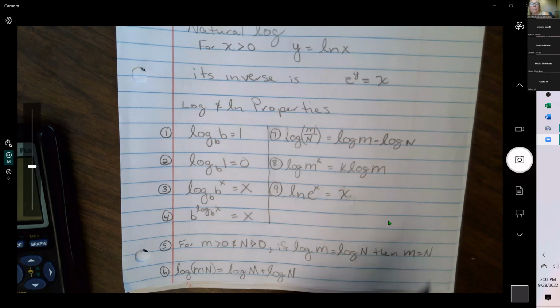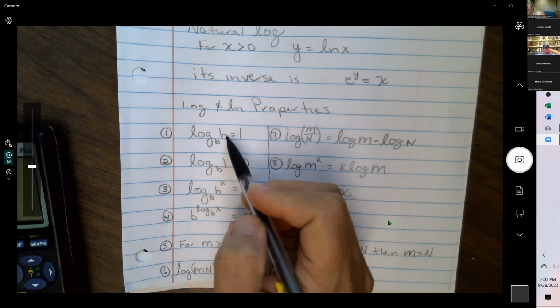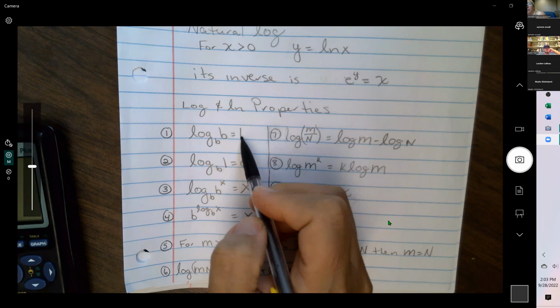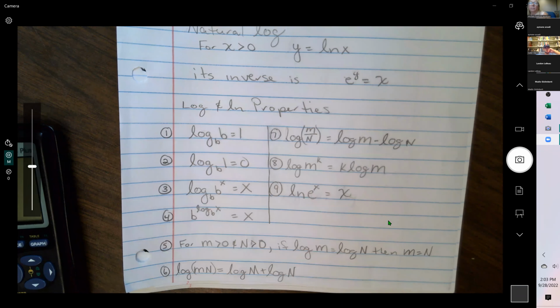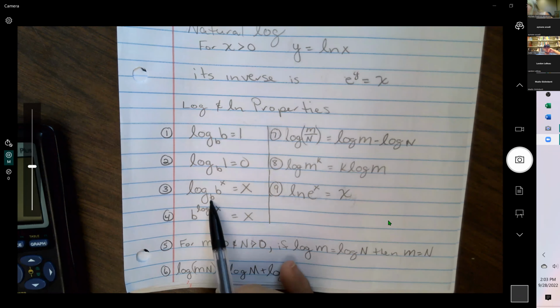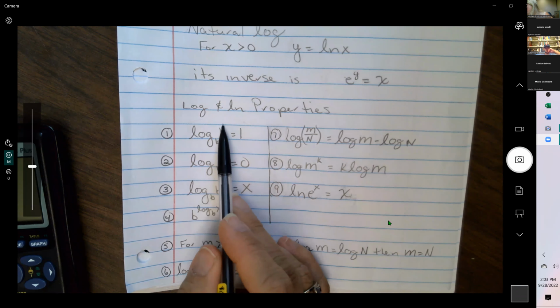There we go. These are all properties. When you have a base and you're taking the log of the same value, it's just 1. I usually don't use this, I just remember this one because log base b of b to the x is x. In this case, it's just a 1.